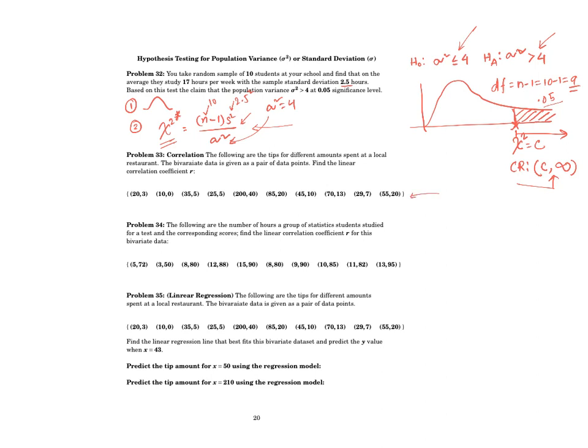Now the next problem is correlation. You'd have to use some sort of device, either your regular calculator or an online one. If you Google or Bing or do a Yahoo search or whatever, and look for a correlation calculator, you'll find many of them. You just plug in these numbers, you find your correlation R. When you are doing correlation, remember correlation tells you the strength of association between two variables.